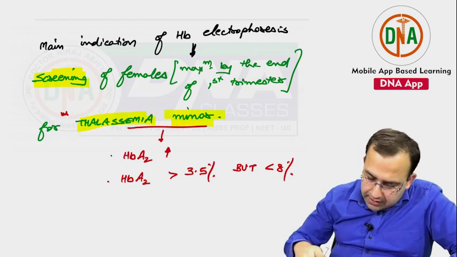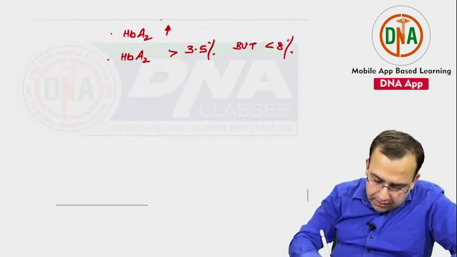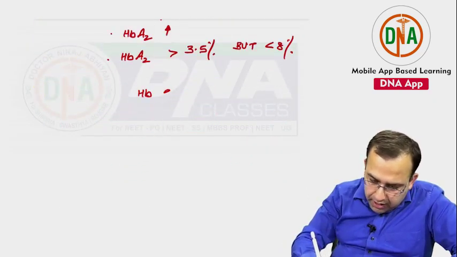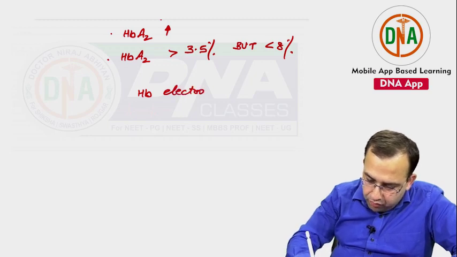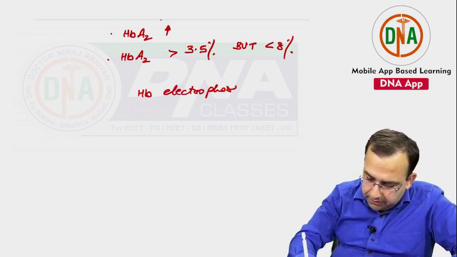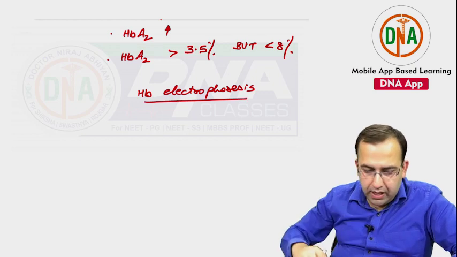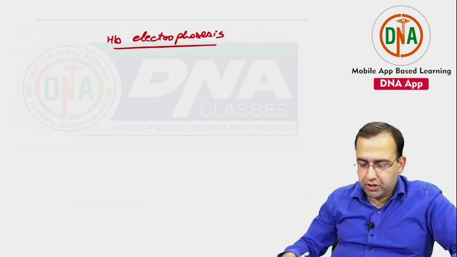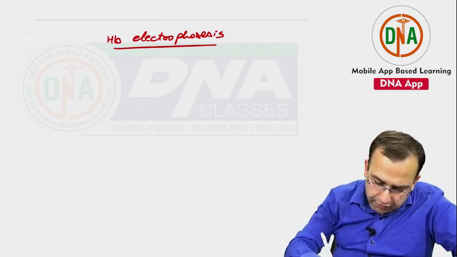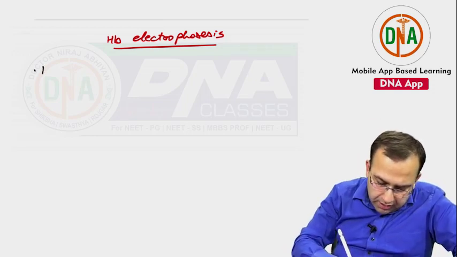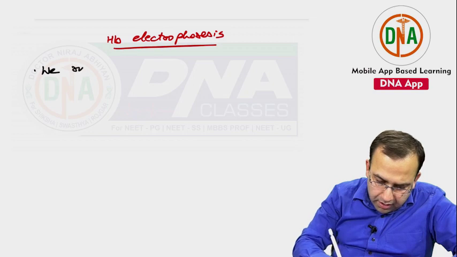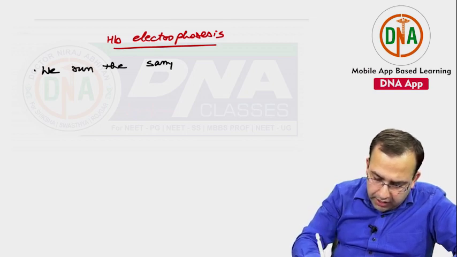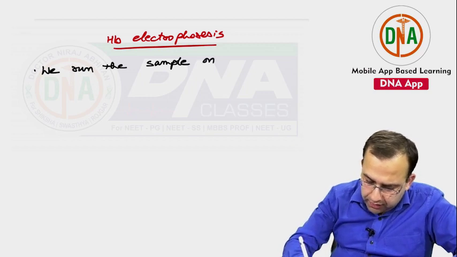Next. So this gets us to hemoglobin electrophoresis. What do we see in this? In hemoglobin electrophoresis, we run the sample on agarose gel plate.